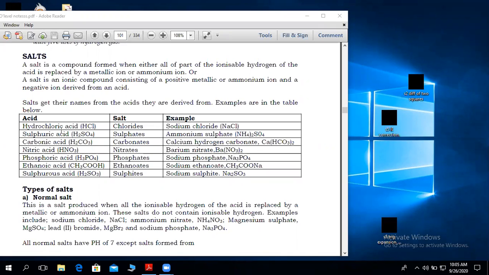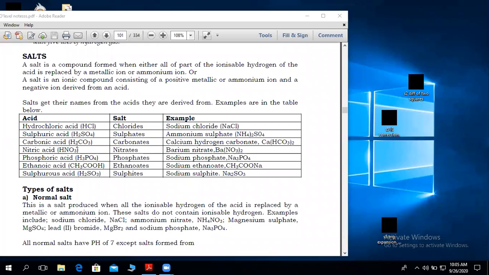So, for example, if the acid is hydrochloric acid, we can form sodium chloride as a salt. If the acid is sulfuric acid, and the ion that is going to replace hydrogen is ammonium, then the salt will be ammonium sulfate.